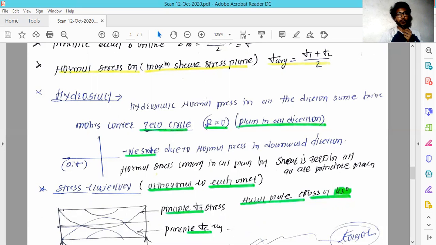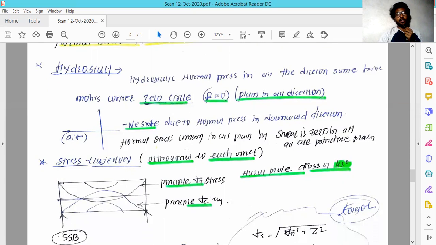But we know that if you draw this 45 degrees on the Mohr circle, it becomes 90 degrees. At 90 degrees, the stress is the average stress. So if you ask for the normal stress on the maximum shear plane, that is nothing but the average stress, which is calculated as sigma 1 plus sigma 2 divided by 2.